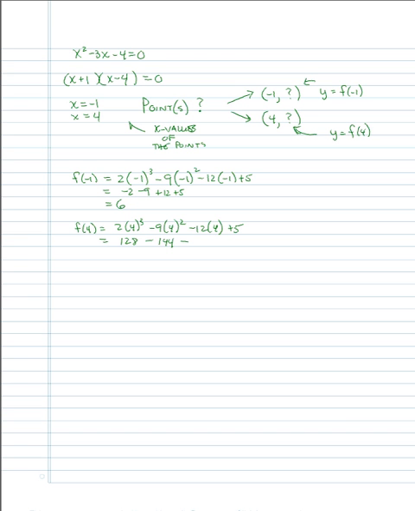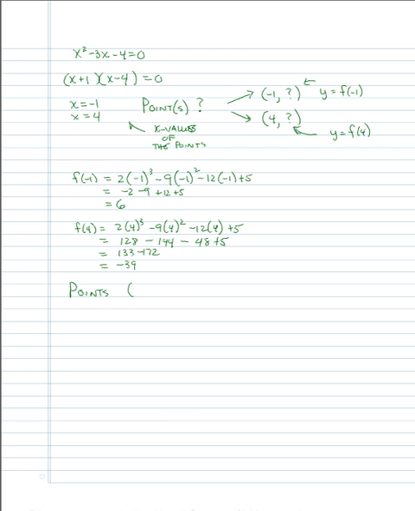And of course, 12 times 4 is 48, and plus 5. A little bit of calculation here. We'd get 133 minus 172. That's the 128 and the 5 added together, and the 144 and the 48 added together, and that ends up being -39.